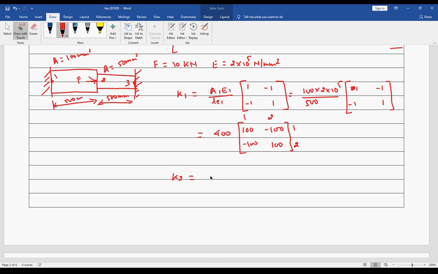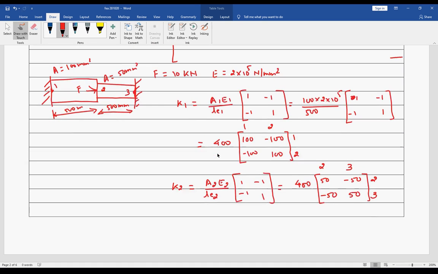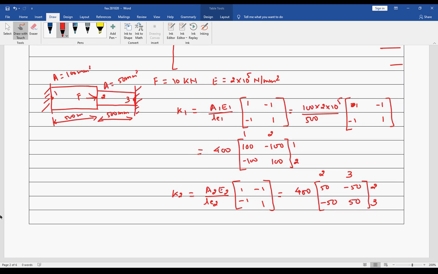Similarly, I can prepare K2 as A2 E2 by LE2 times 1 minus 1 minus 1 1, and that I can directly write as 400 times 50 minus 50 minus 50 50, and from connectivity table I can write 2 3 2 3. Okay, so I hope you have taken this.